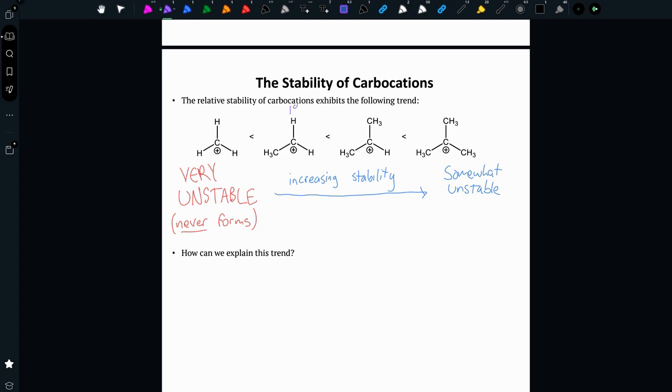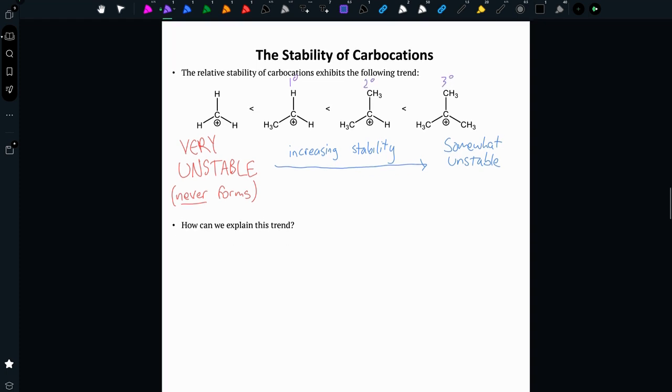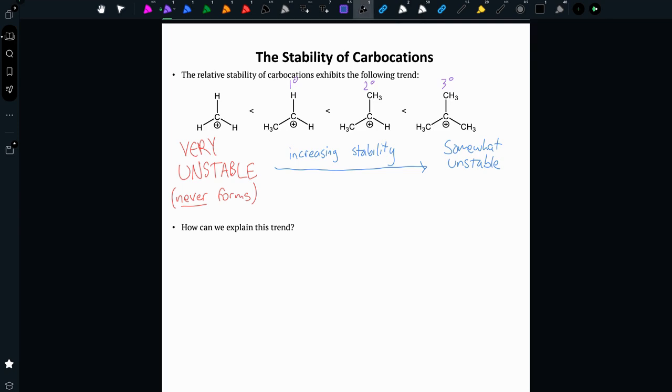So remember, we would call this primary, secondary, and tertiary. Remember, we explained that by hyperconjugation.